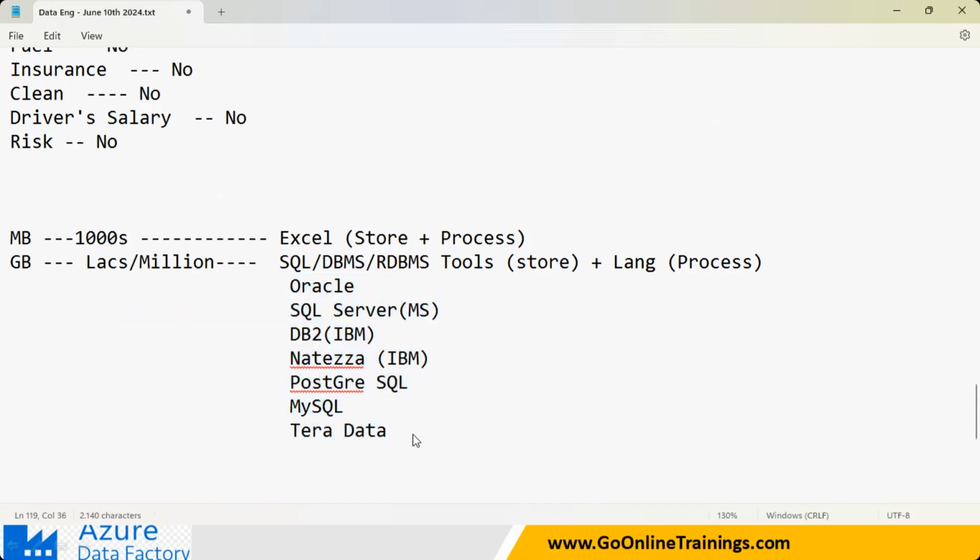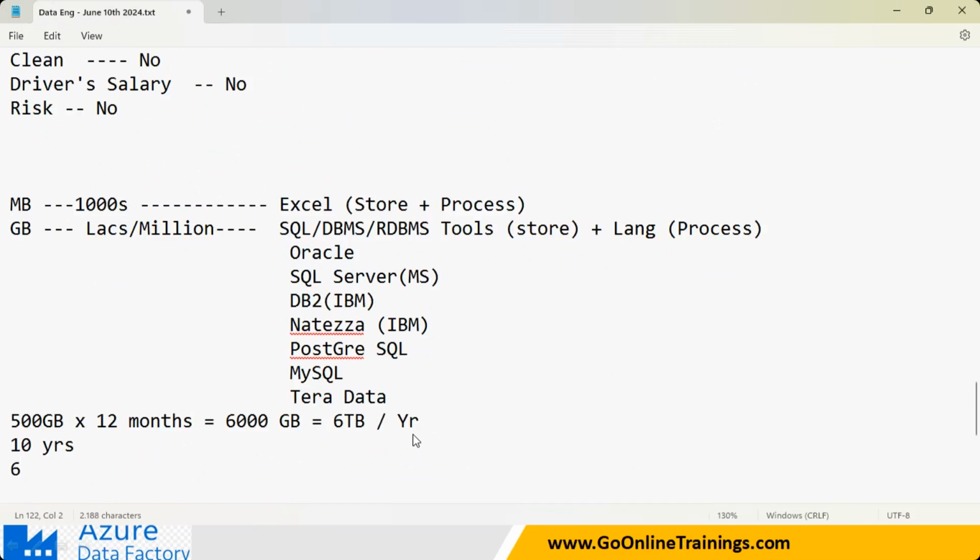Clear? But every month you're getting 500 GB of data, and I want to store 12 months of data. It will become 6000 GB of data. When you convert into terabytes, it will become 6 terabytes of data for 1 year. If you're talking about 10 years of data, 6 terabytes times 10 years, it will become 60 terabytes of data.